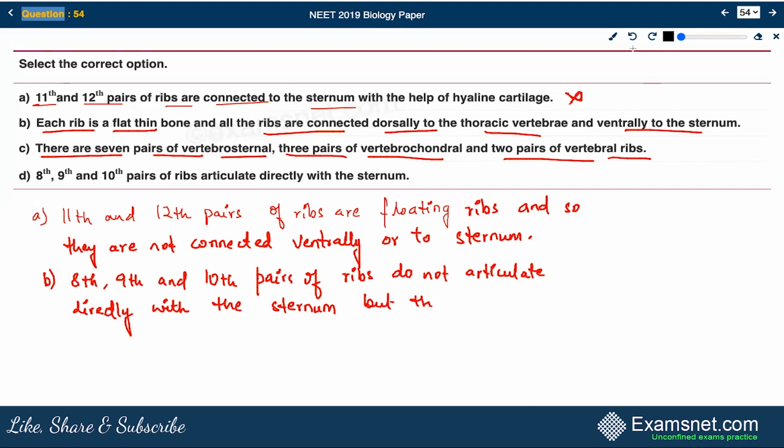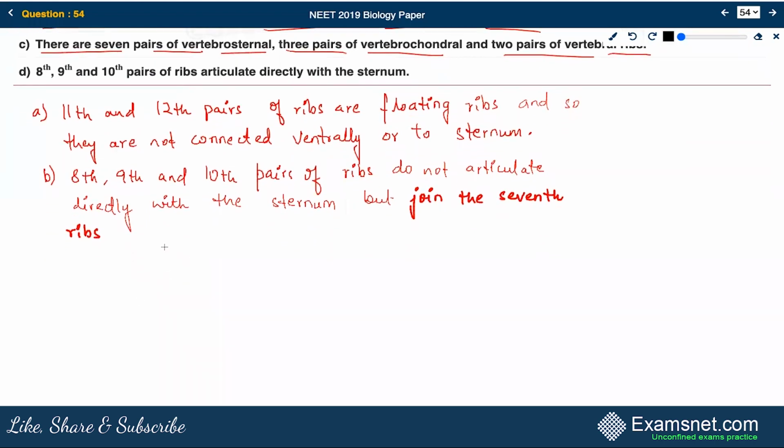with the help of hyaline cartilage. Clear?